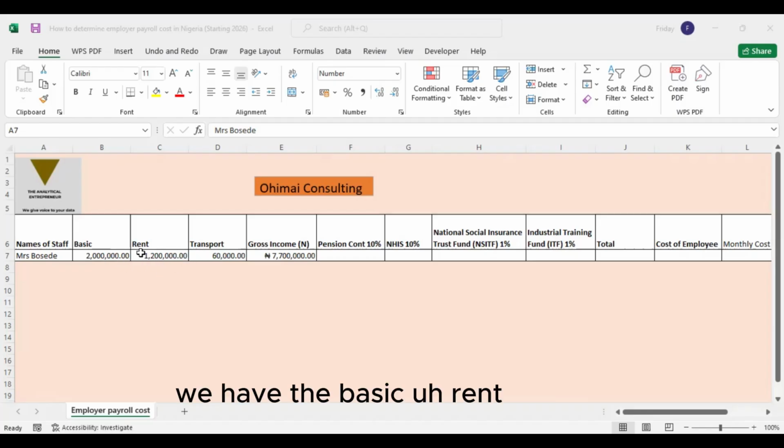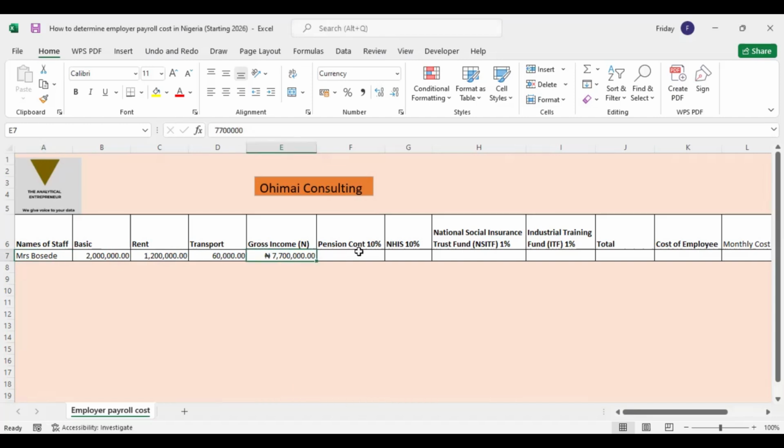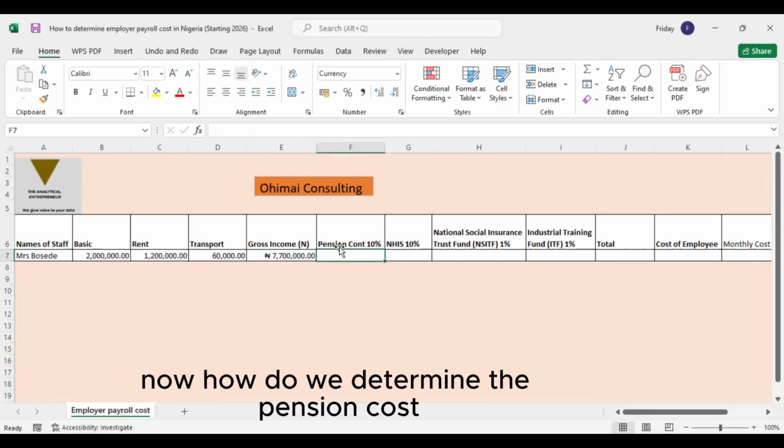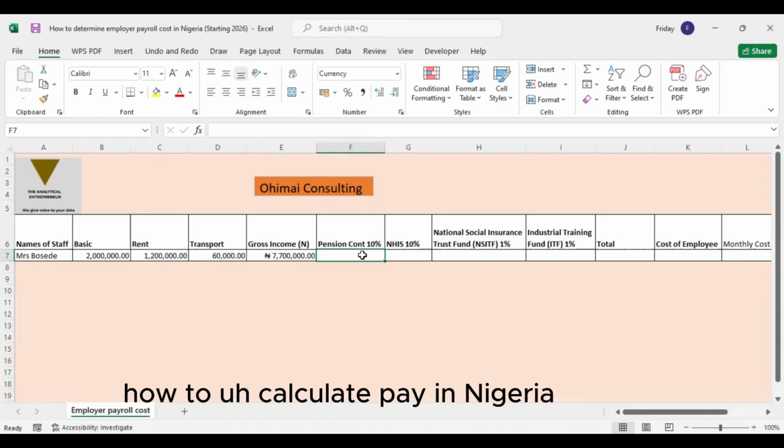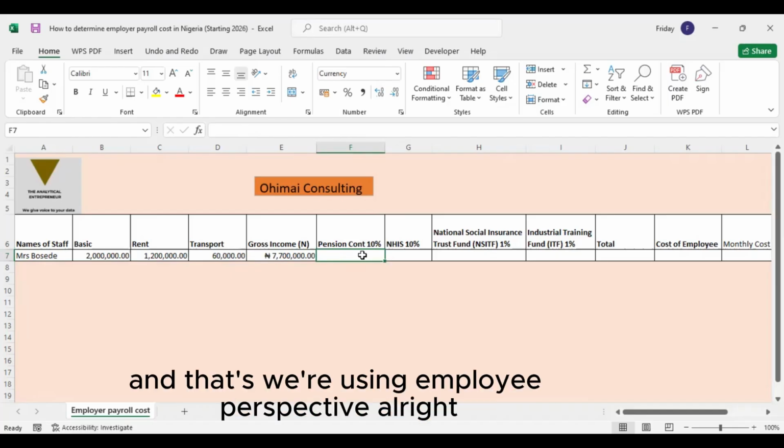We have the basic, rent, transport, and gross income. Now, how do we determine the pension cost? It's 10%. Remember the video we did on how to calculate PAYE in Nigeria, where we talked about pension using the employee perspective.